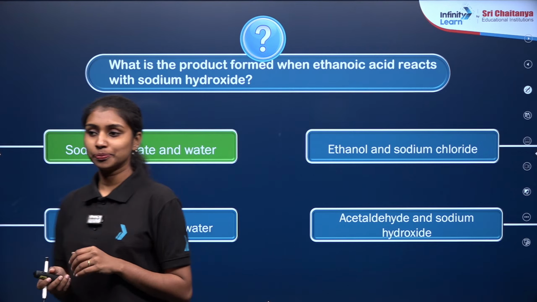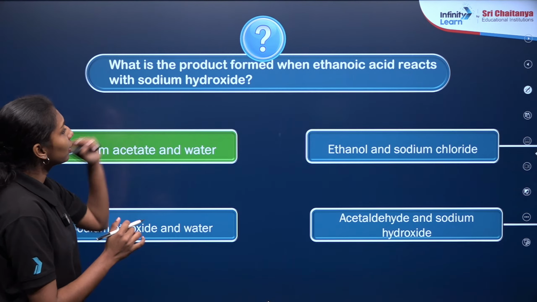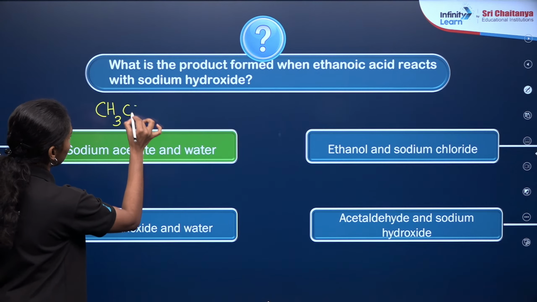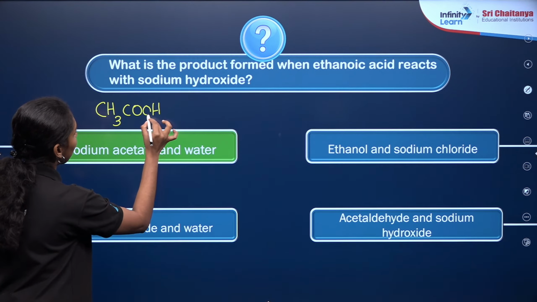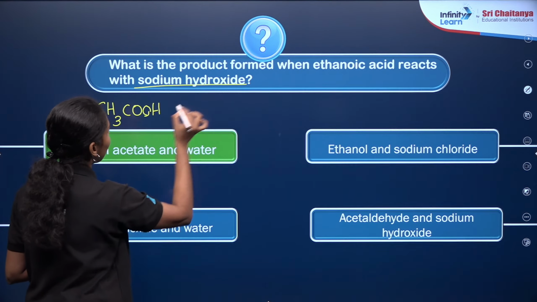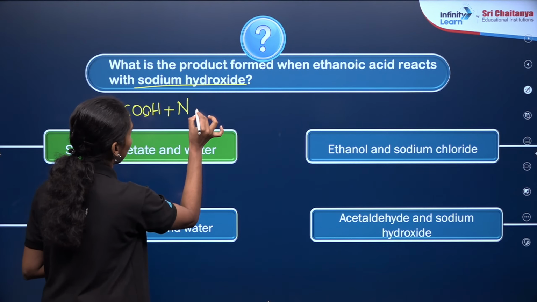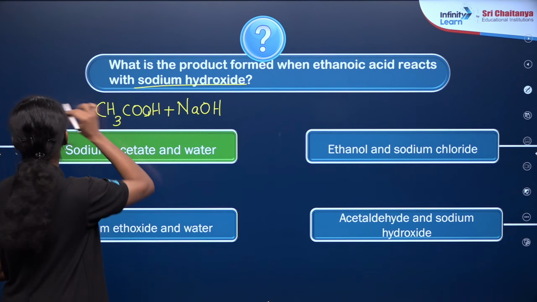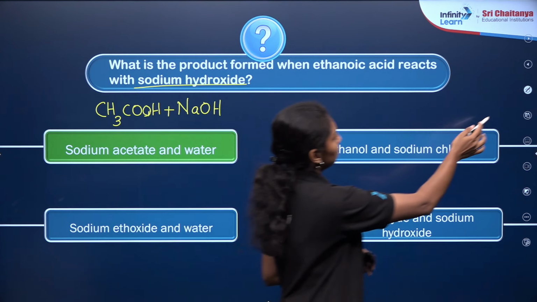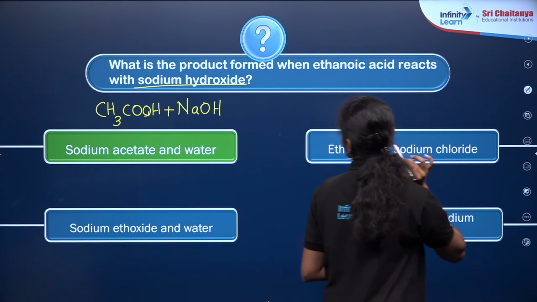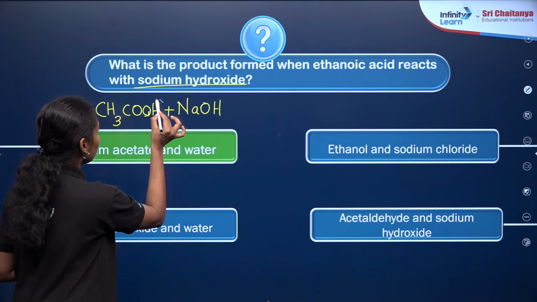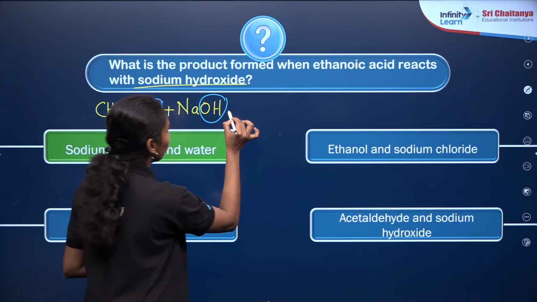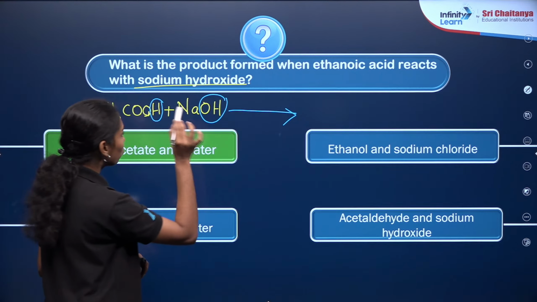Are you sure? So what is the reaction given here? Ethanoic acid, right? CH3COOH, this is the ethanoic acid. We need to treat it with NaOH, sodium hydroxide, a base. We have seen the first reaction. So what you are observing here, hydrogen from the acid and OH from the base, right? Neutralization reaction.